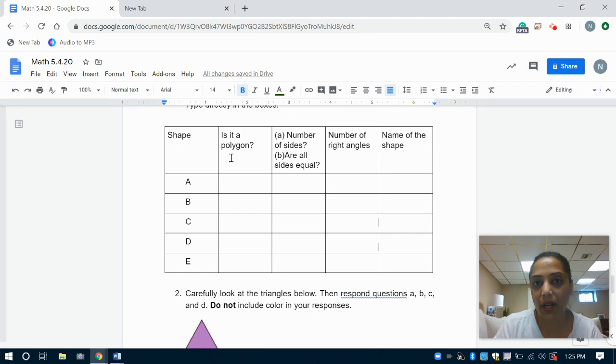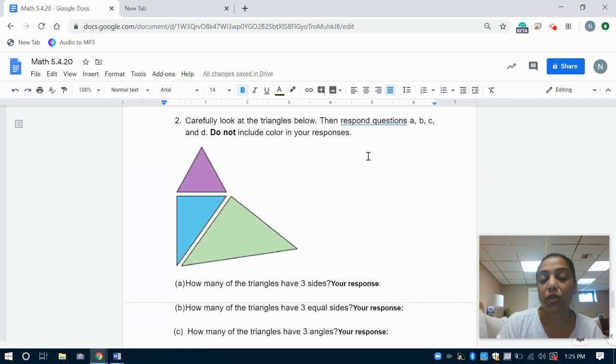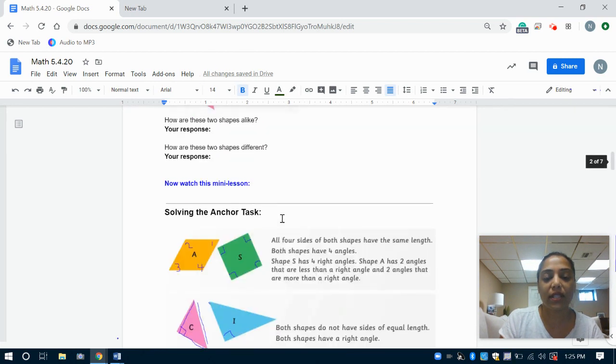What is a polygon? Think about that. What is the number of sides, and are all sides equal? How many right angles do they have? And what is the name of the shape? Number 2 has to do with triangles. Please don't tell us that they are different because of different colors. We're not focusing on color. See how that works out for you.